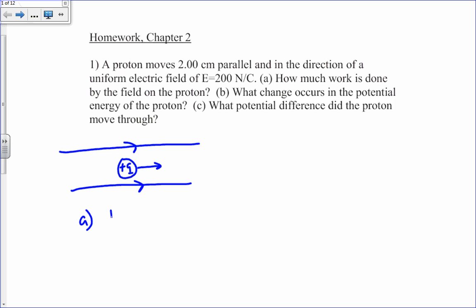Well, work is just force times displacement. Actually, we're going to treat those as scalar quantities. This is my force. My displacement is a vector in this direction at 2 centimeters. And I can calculate the magnitude of my force based on the electric field.